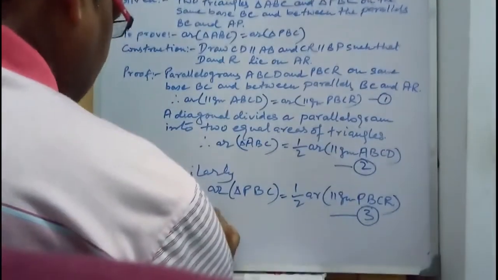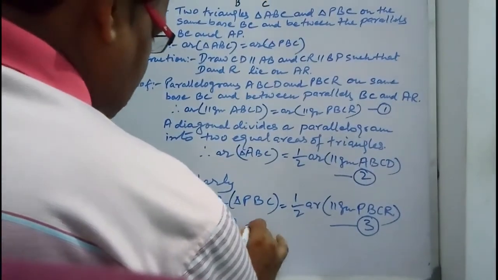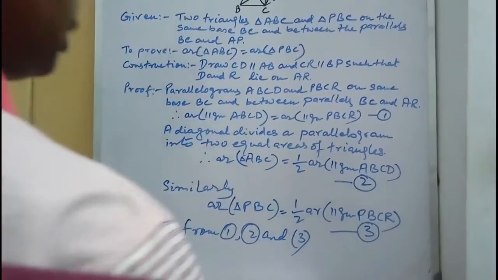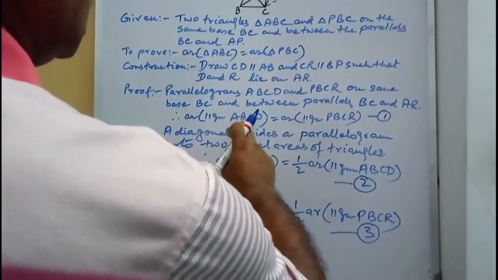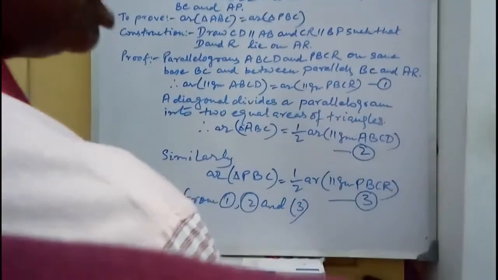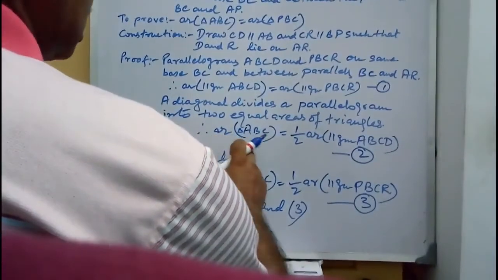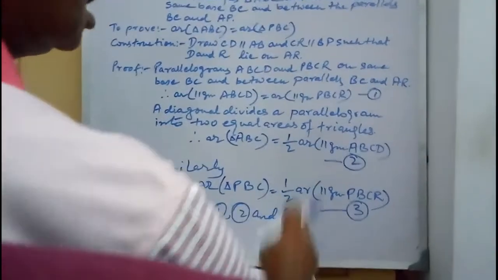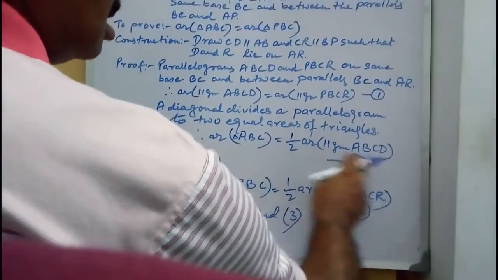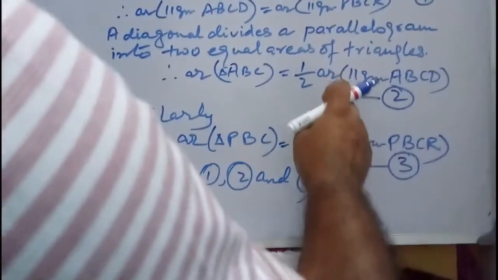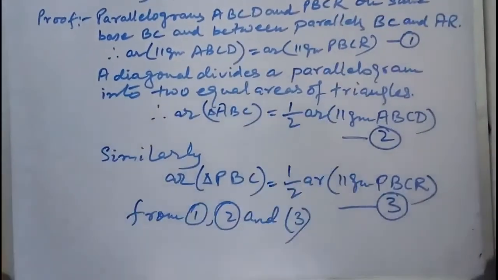So from 1, 2 and 3. One is area parallelogram ABCD is equal to area parallelogram PBCR. Second is area triangle ABC, half of area parallelogram ABCD. Third one, area PBC, half area parallelogram PBCR. So these two parts are equal to each other, which we proved in 1.